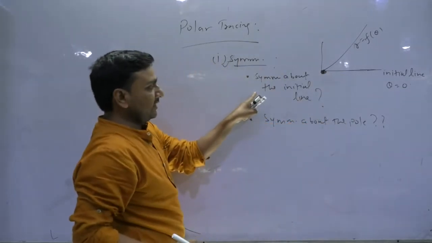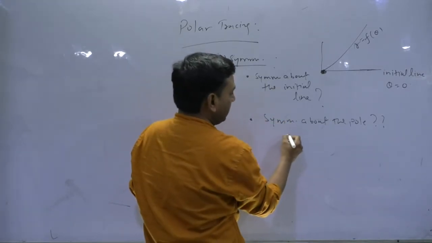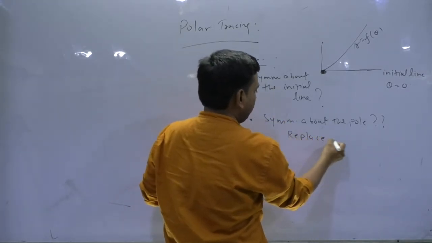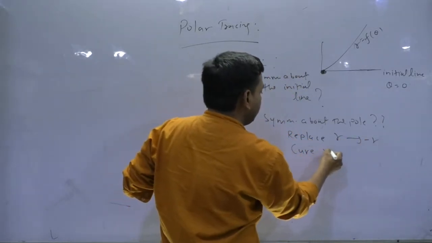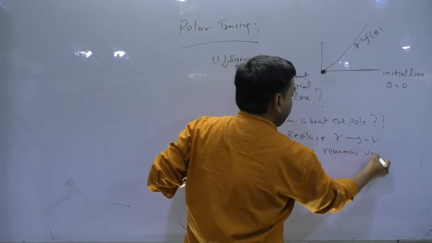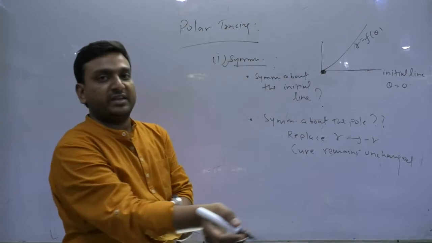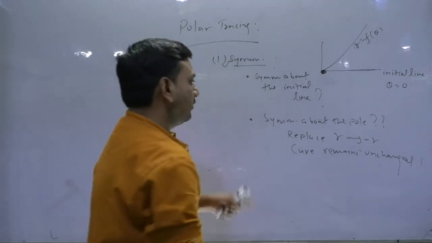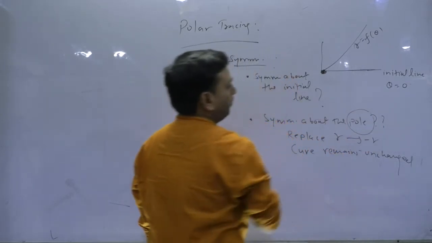To get this done, symmetry about the pole: replace r by minus r. If on replacing r by minus r the curve remains unchanged, we say the curve is symmetrical about the pole.